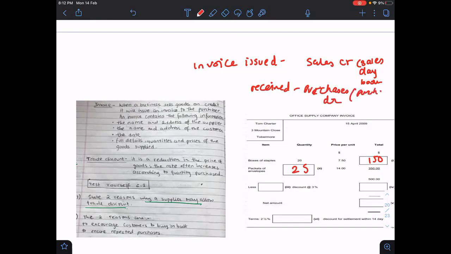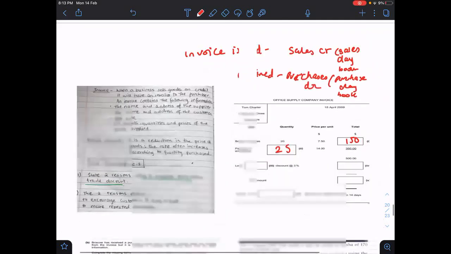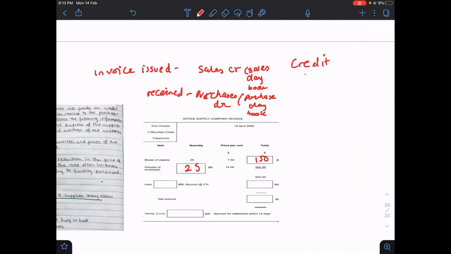Purchase debit. ओके फाइन। उसी के बाजू में लिखो क्रेडिट नोट इशूड एंड क्रेडिट नोट रिसीव्ड। कौन सी एंट्री? Credit note issued, sales return. और क्रेडिट नोट रिसीव्ड? Purchase return.